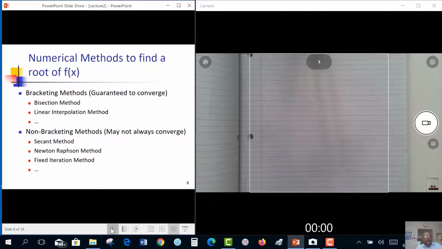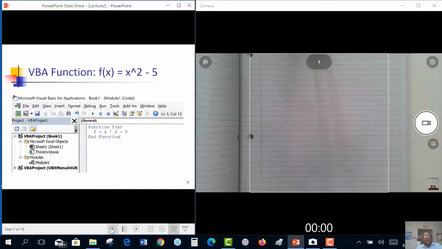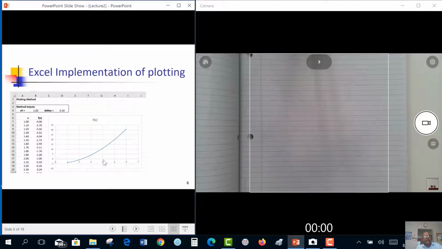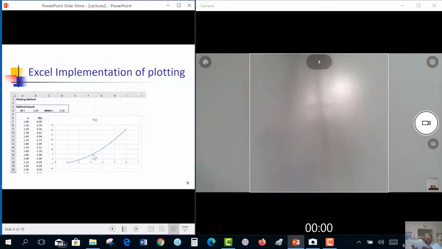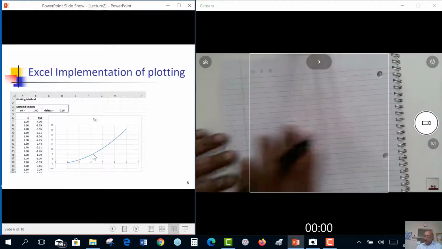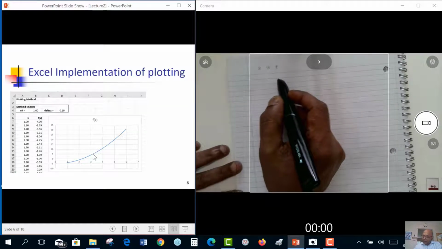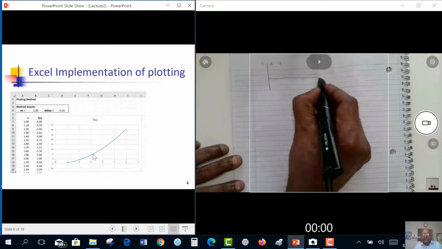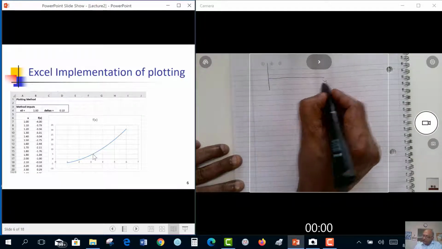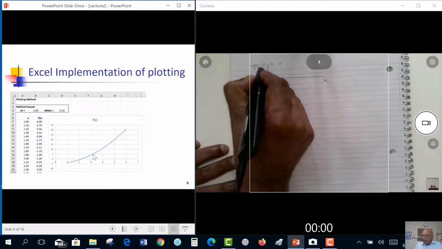Before we move on, let's talk about this. I just said touching versus crossing the x-axis. In principle, mathematically, the function does not need to cross the x-axis to have a root.